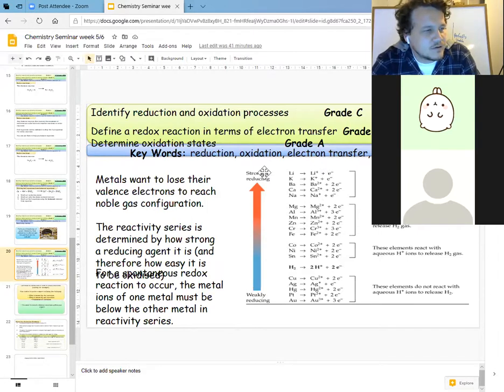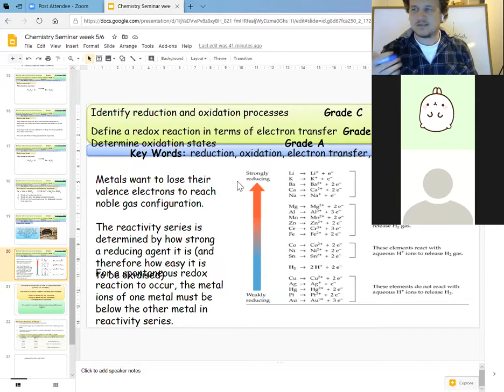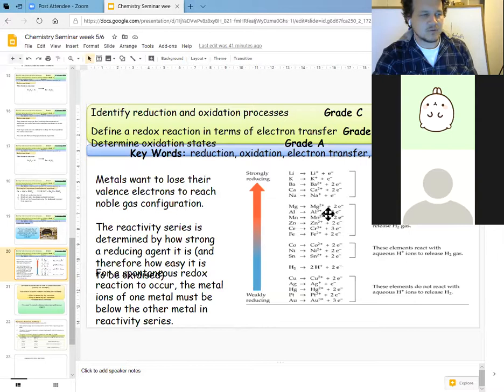So these are the strongest reducing agents, the most likely to give away their electrons. And you can tell where they sit based on that charge, group 1 and group 2, down to aluminium, which is in group 3, chromium, group 3.